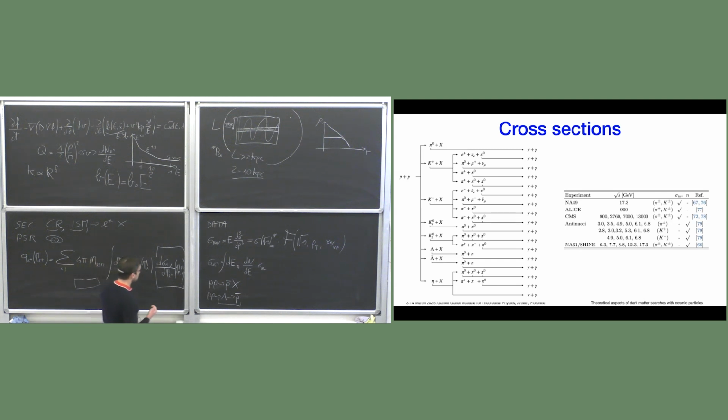The reason is that if you start from a pion, the pion has a mass of 130 MeV, and then it has to create a positron that has a mass of 0.5 MeV, plus something.